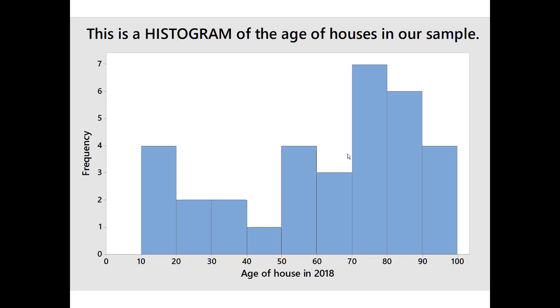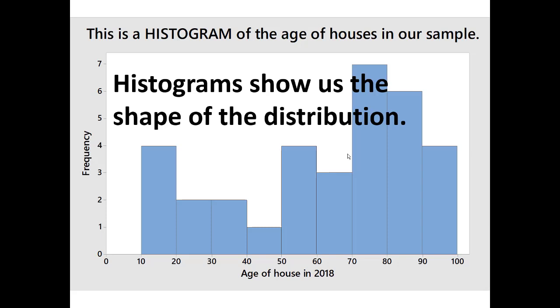And the way it works is that we have bins. It shows us the shape of the distribution, but let me just write a bit more. It shows us the shape of the distribution by lumping the data into bins, or categories as sometimes people will call them.